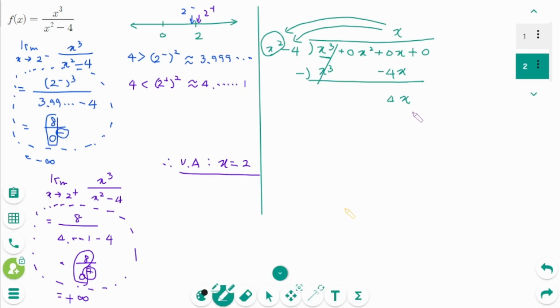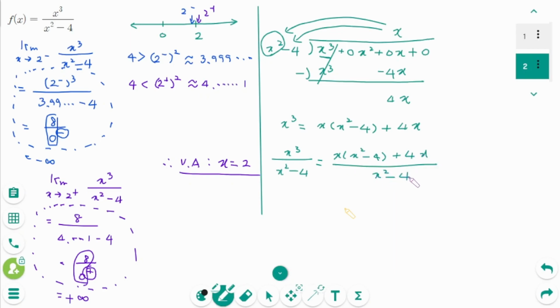This is the remainder. This means x cubed equals x times x squared minus 4, plus 4x. Then x cubed over x squared minus 4 equals x times x squared minus 4, plus 4x, over x squared minus 4.